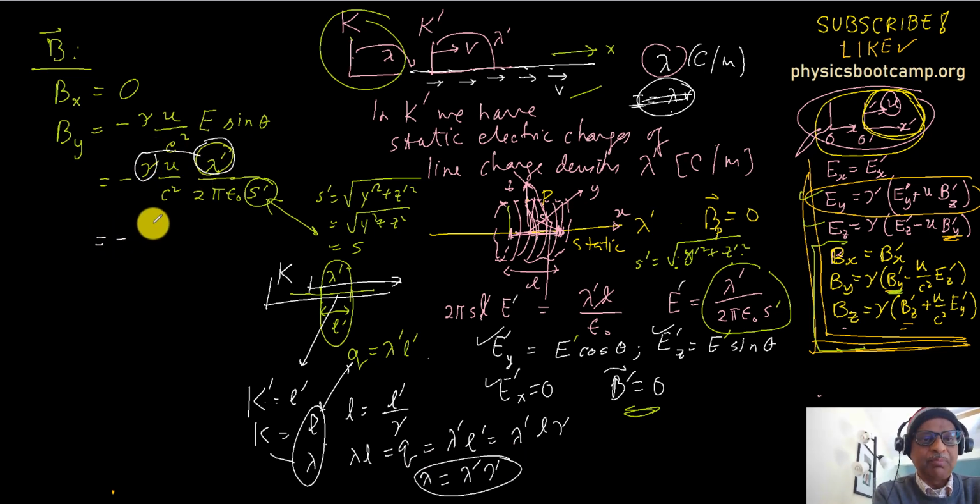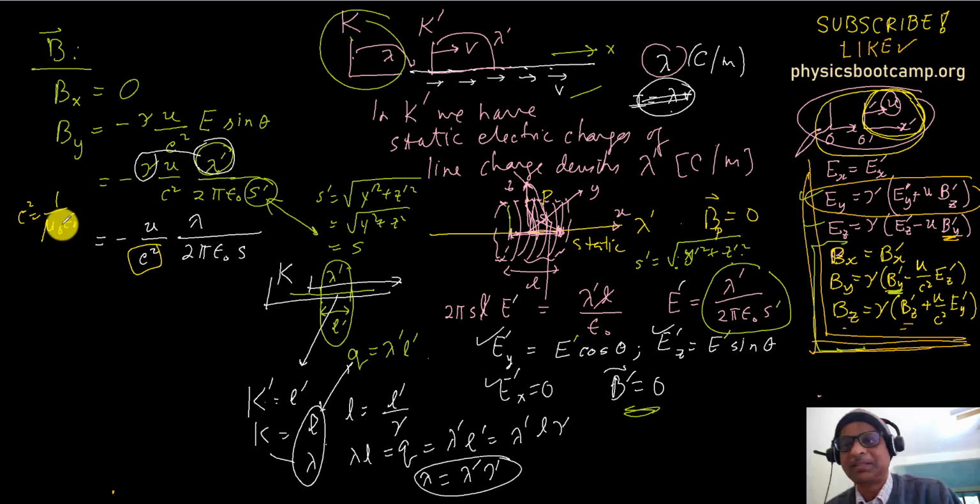So lambda prime gamma together is going to be lambda. So this is going to be minus u over c square lambda over 2 pi epsilon naught s. Now c square equals 1 over mu naught epsilon naught. So you know this is one of the problems with carrying c.